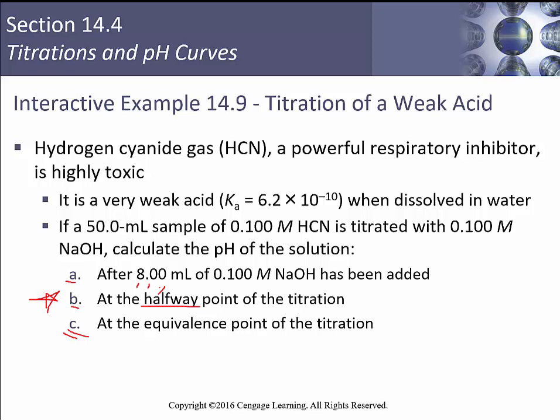The general shape of our titration curve is going to look something like this, where we're going to start off with a weak acid. We're going to enter what's called the buffer region. And then we're going to increase our pH sharply.